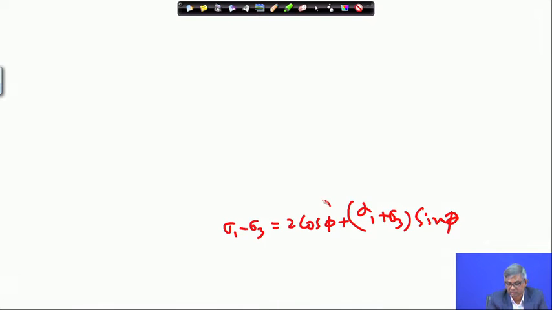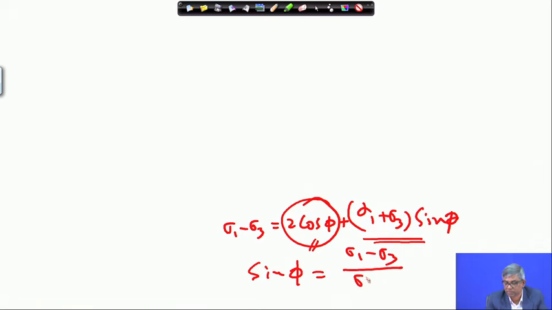Here the C component is 0, as this normally consolidated drained test is mentioned. So, C is 0, then you have this one. So, sin phi will be equal to sigma 1 minus sigma 3 by sigma 1 plus sigma 3.